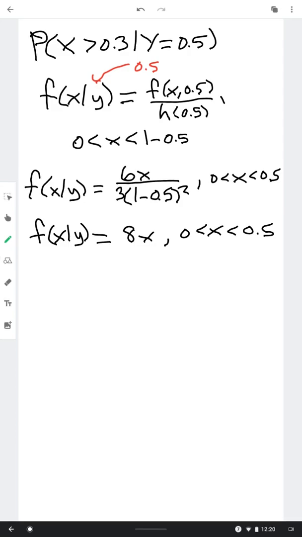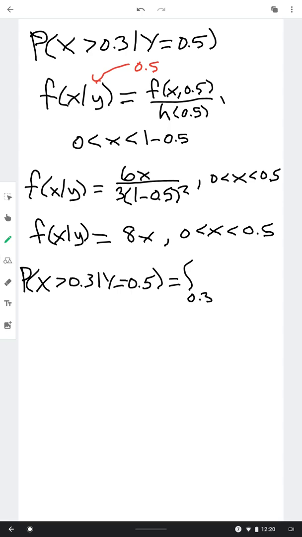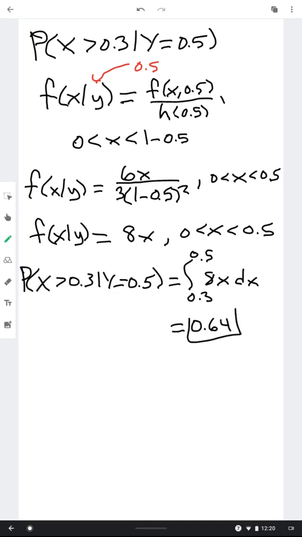What's the probability X is greater than 0.3 given Y is equal to 0.5? That's going to be the integral from 0.3 to my upper limit of X, which is 0.5, of 8x dx. When you integrate this, you get 0.64. This is our answer.